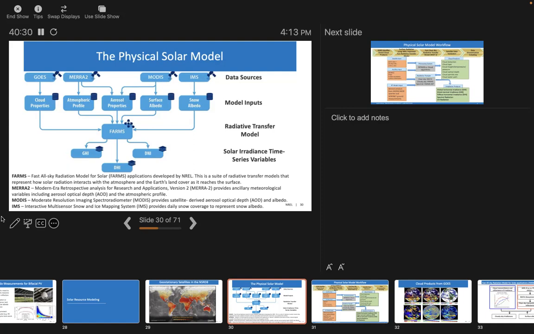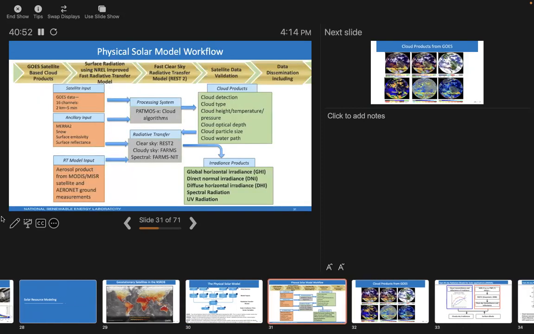All of this gets put into a radiative transfer model. FARMS is an inbuilt model. Again, we have to process 9 million pixels every timestamp. That's not trivial for the actual atmospheric model. The atmospheric models are much slower. This can do things in microseconds because we parameterized some of the transmittance. It works very well, and I'll show you that.